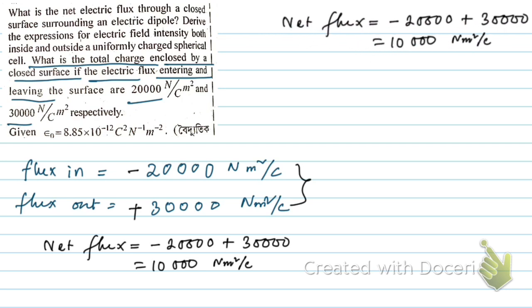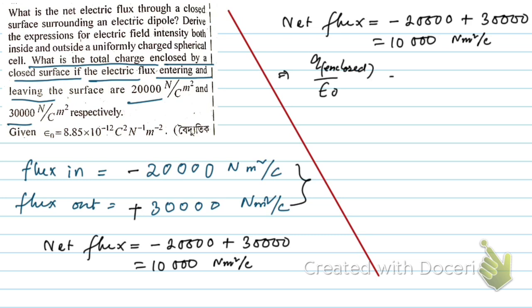So by Gauss law we get net flux is equal to Q by epsilon naught, where Q means charge enclosed. Charge enclosed is this. What we need to find is the total charge enclosed by this surface.